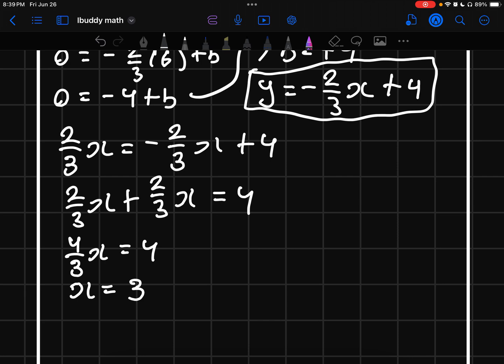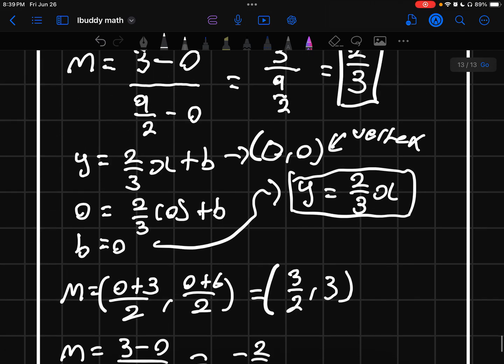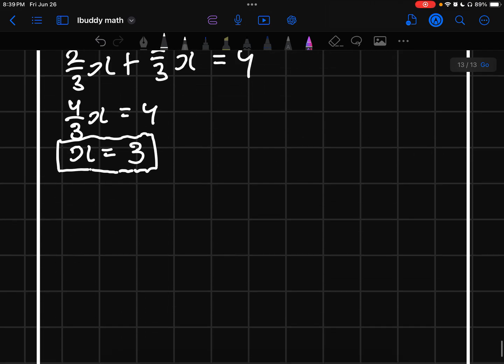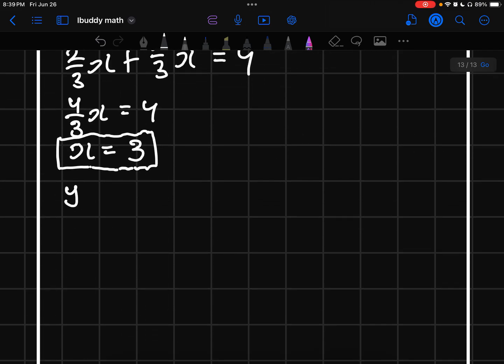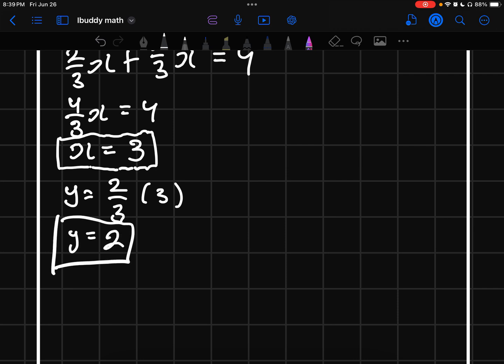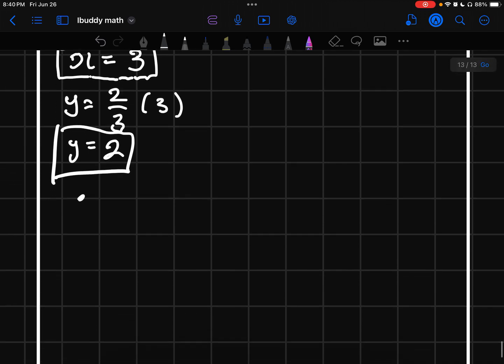Now that we have the x, we can substitute that back into an equation. We can substitute into y is equal to 2 over 3x because that's simpler. So y is equal to 2 over 3 times 3, and y is equal to 2. So that leaves us with the final answer of 3, 2.